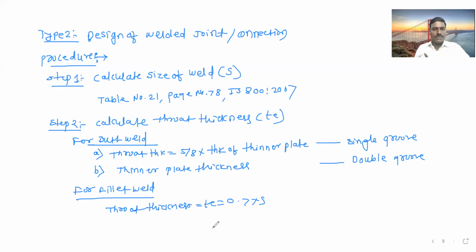Okay, over this. Now step 3. So in the load carrying capacity, type 1 load carrying capacity, step 3 was to calculate the effective length.